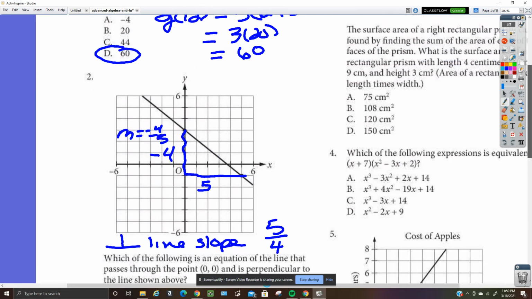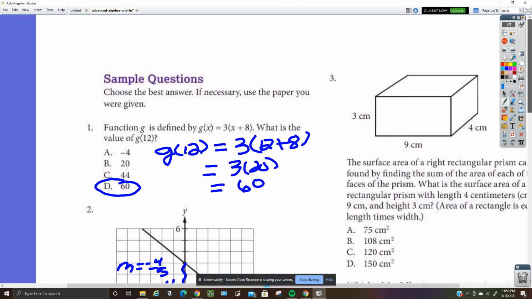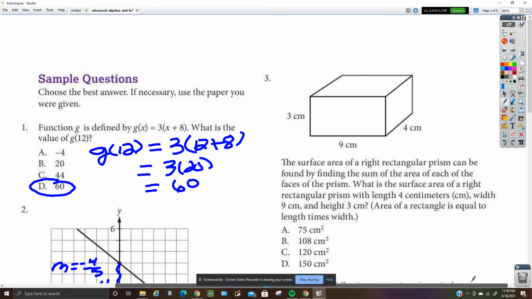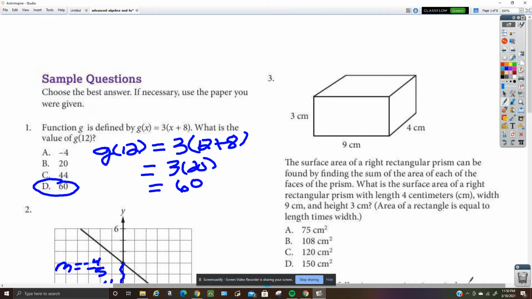And then scrolling back up here to number 3. The surface area of a right rectangular prism can be found by finding the sum of each of the areas of the faces. What's the surface area of a right rectangular prism with length 4, width 9, and height 3?